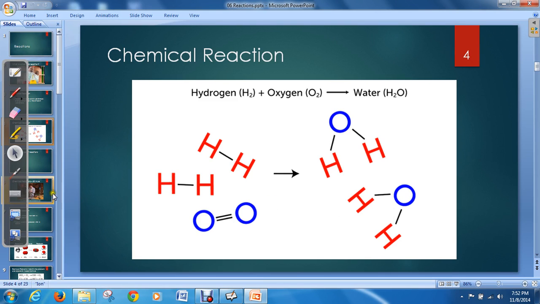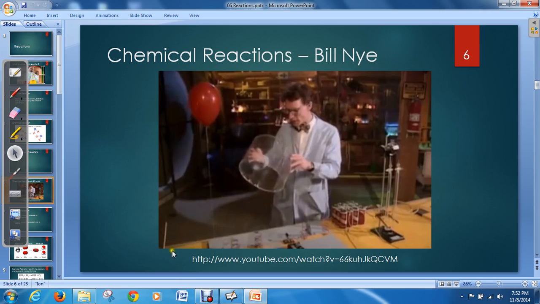We watched this quick little video about a chemical reaction where Bill Nye takes some iron and combines it with some oxygen, and when he does that, he ends up with iron oxide, and iron oxide is actually rust.